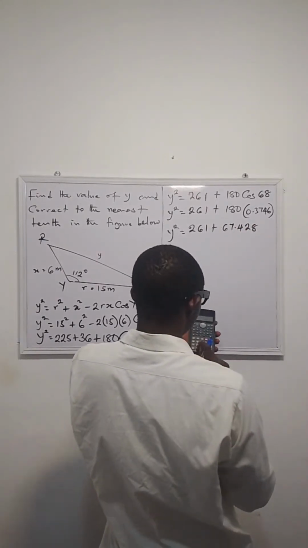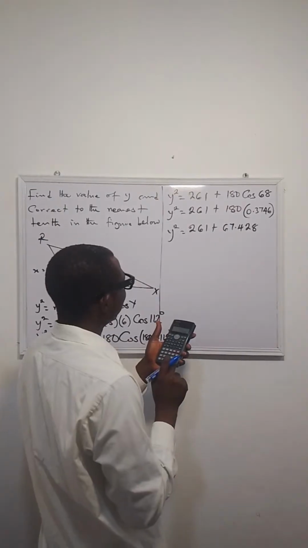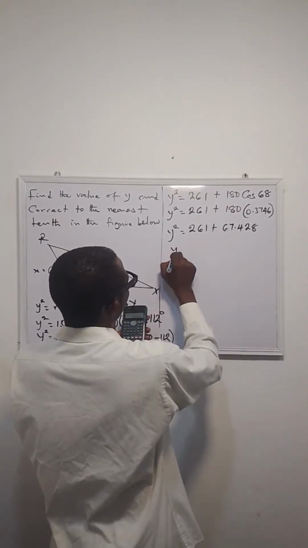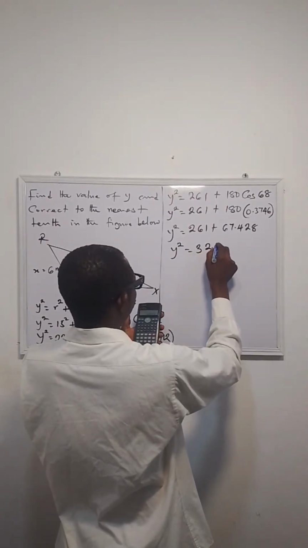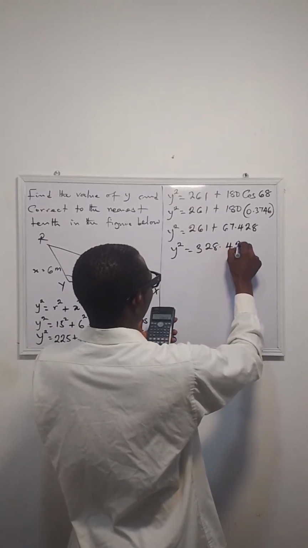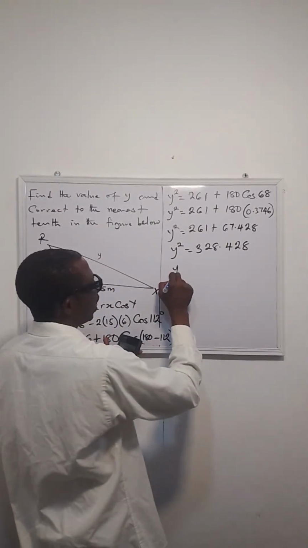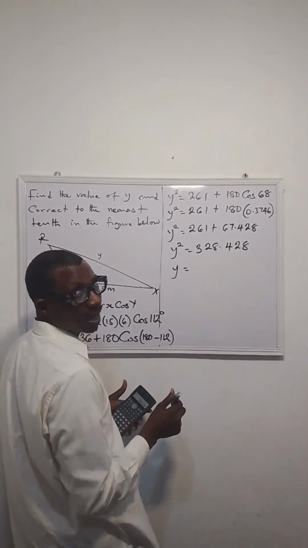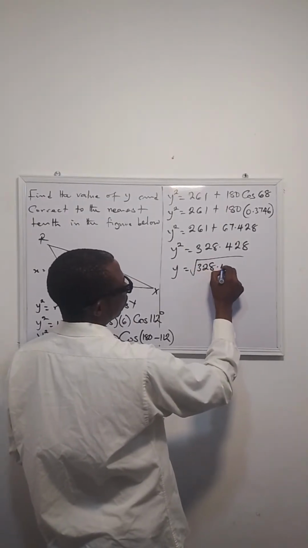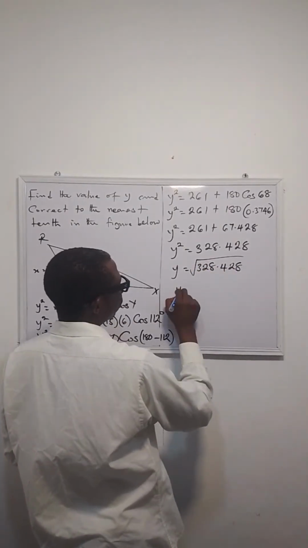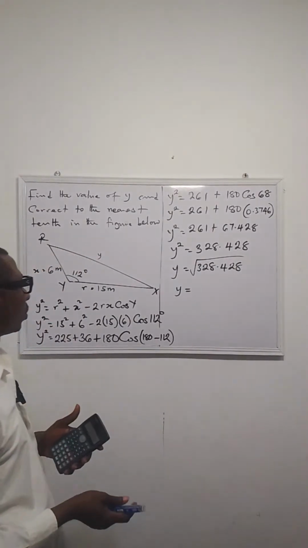We are adding that to 261. So y squared equals 328.428. Here you can take the square root of both sides. We have the square root of 328.428. So y is what?